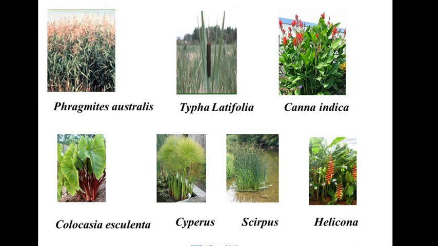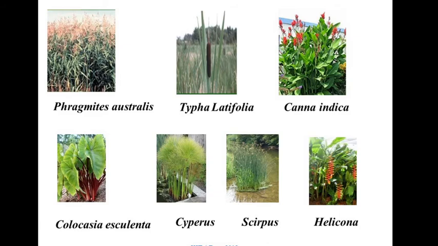So what are these different species of wetland plants? You can see Heliconia, then Cyperus, then Canna indica, then Typha latifolia, then Phragmites australis. These are the various species which are mostly used in wetland plants for the treatment of wastewater. They can be found along the side of rivers or water.